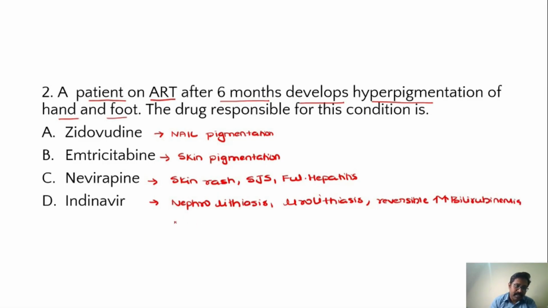Zidovudine can cause paronychia, that is nail infection, as well as anemia. So what will be the best answer here? Skin pigmentation. The answer is emtricitabine will cause hyperpigmentation of the hand and foot.